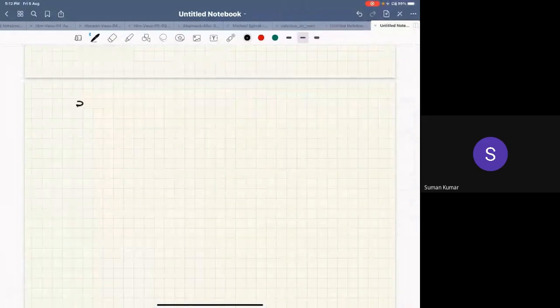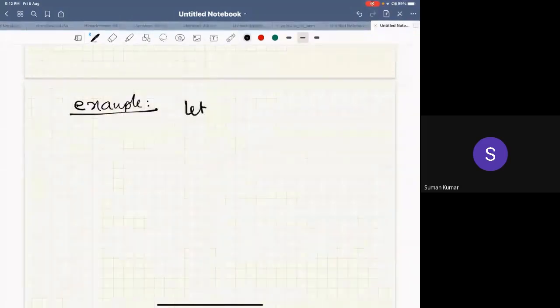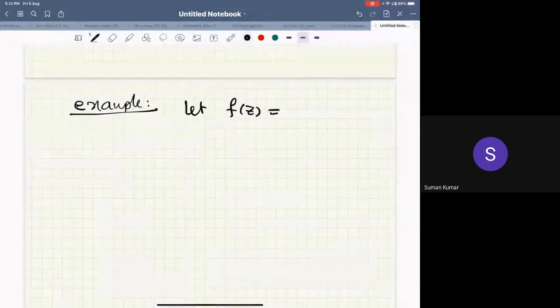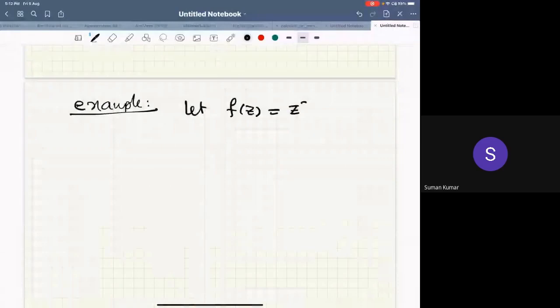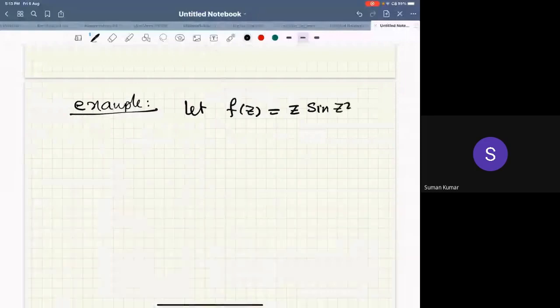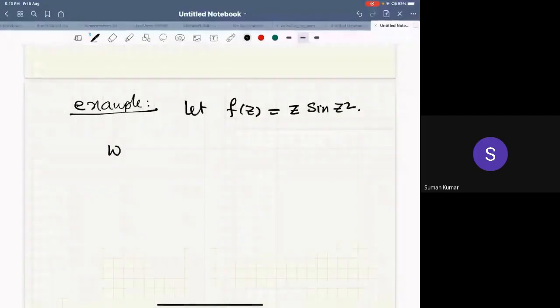Let us give an example. Let our f of z be, say, z into sin z square. We want to find out the zeros of this f of z.